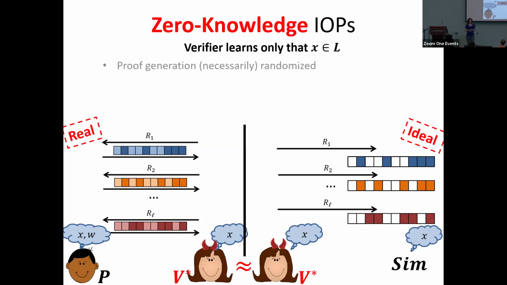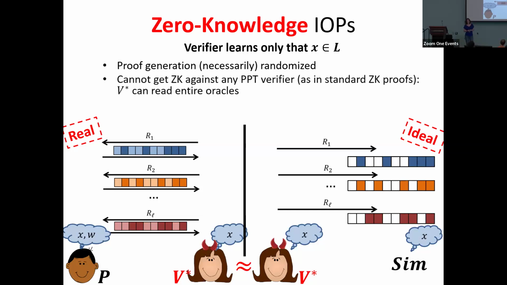So just a few comments. The first is that proof generation has to be randomized if we want to get zero-knowledge. And unlike standard zero-knowledge proofs, where we're used to thinking of getting zero-knowledge against any efficient verifier, here we can't hope to get it, because a polynomially bounded verifier can just read all of the prover messages, and then she'll learn something about the witness.